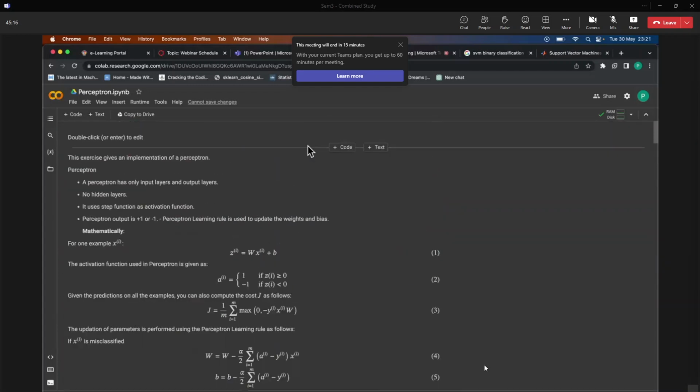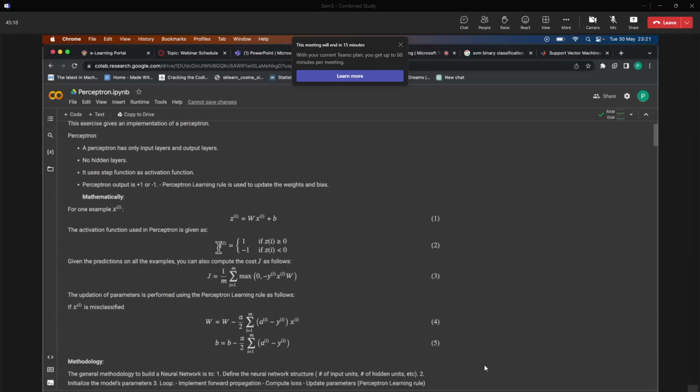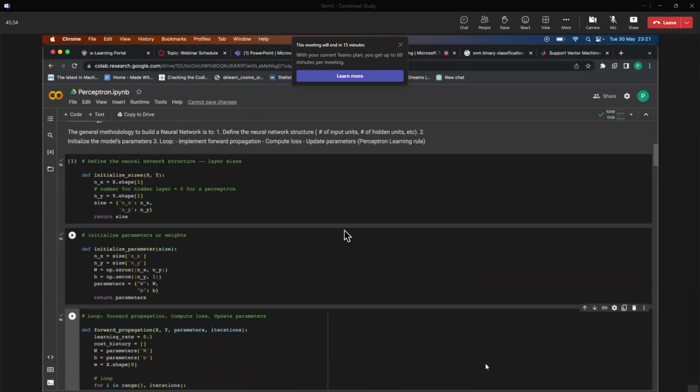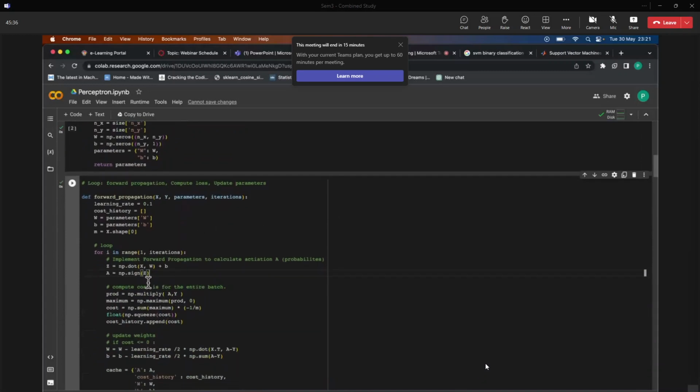The model is right here, the neural perceptron. This is the sign function, right? We see here, if z is positive, then the value is 1. If z is negative, the value is -1. The sign function does the same thing.